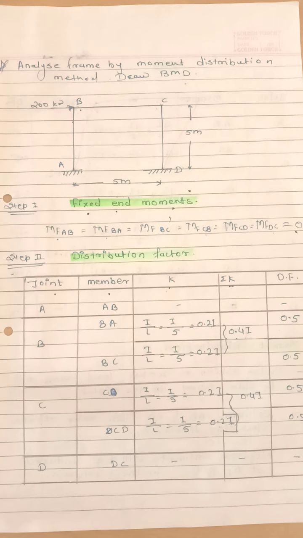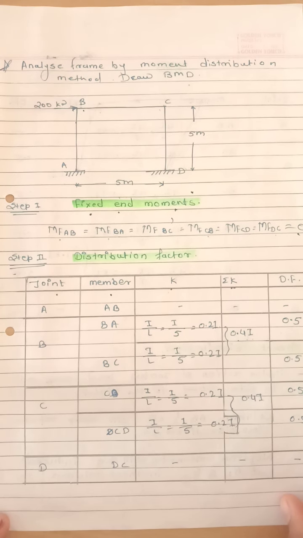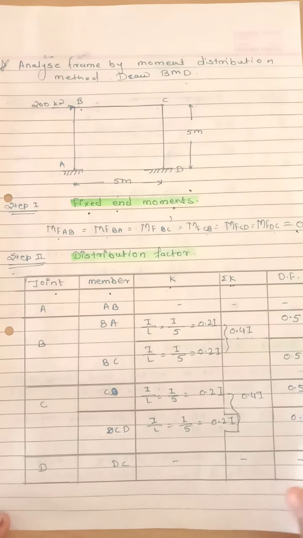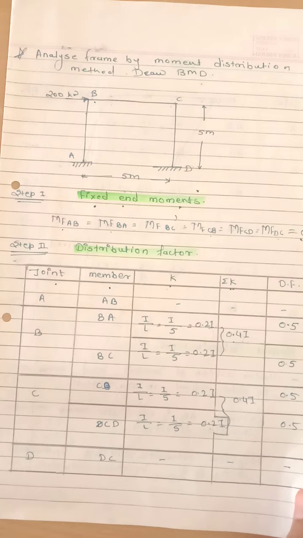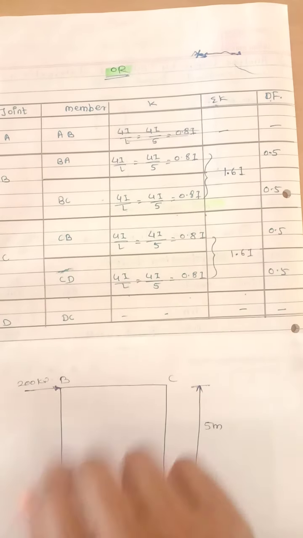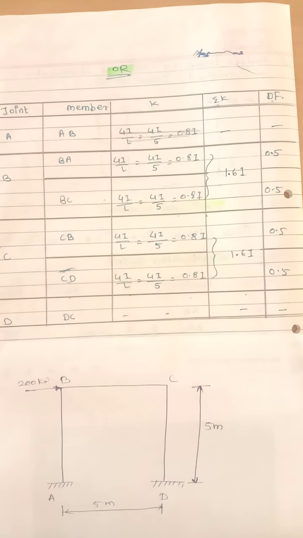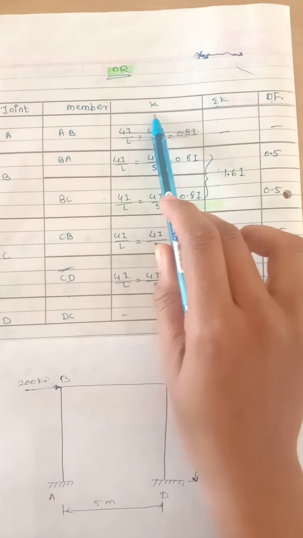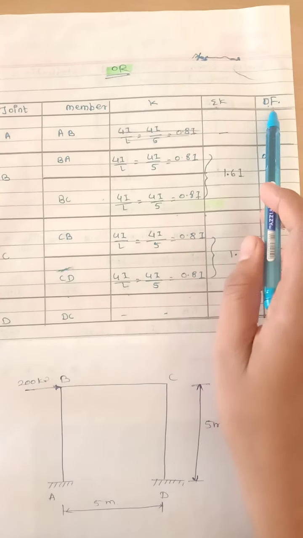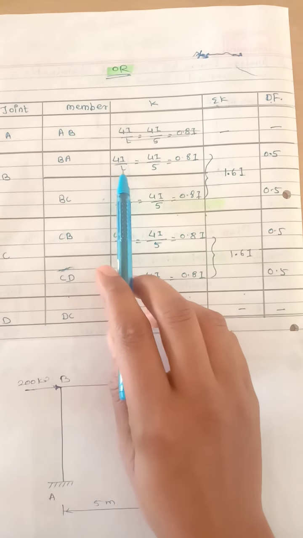For finding the distribution factor there are 2 methods. The first formula we used is I by L and the second formula is 4I by L. Here the chart is the same: joint member, relative stiffness, total stiffness and distribution factor, only the formula is changed.